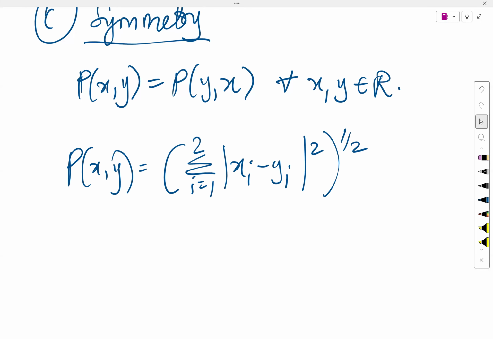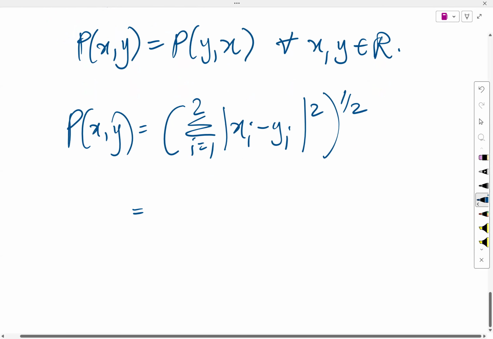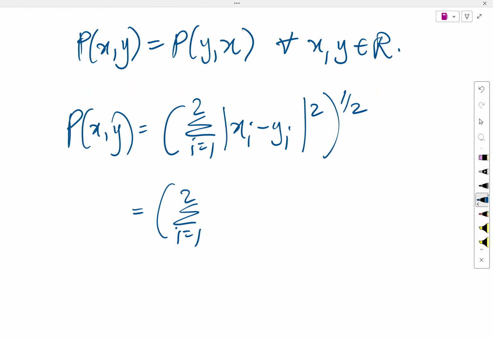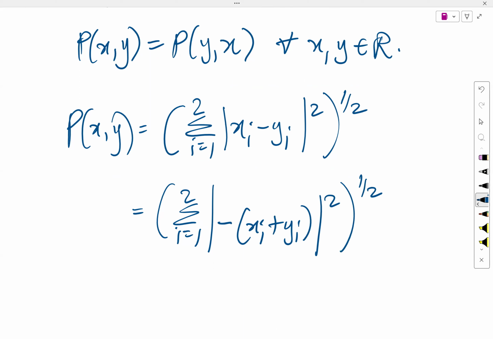Okay? So, we can go ahead and say this is summation from I equals 1 to 2 of the absolute value of, what can we say here? Can we factorize minus? So we have minus into xi plus yi, something like this, all squared raised to power half.